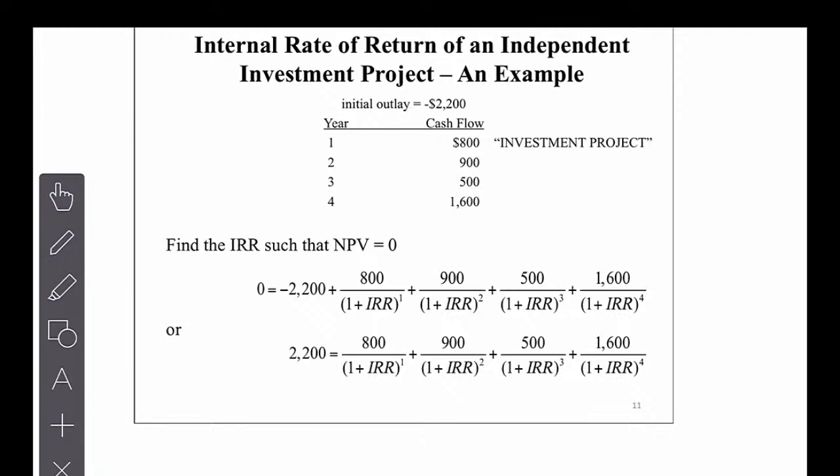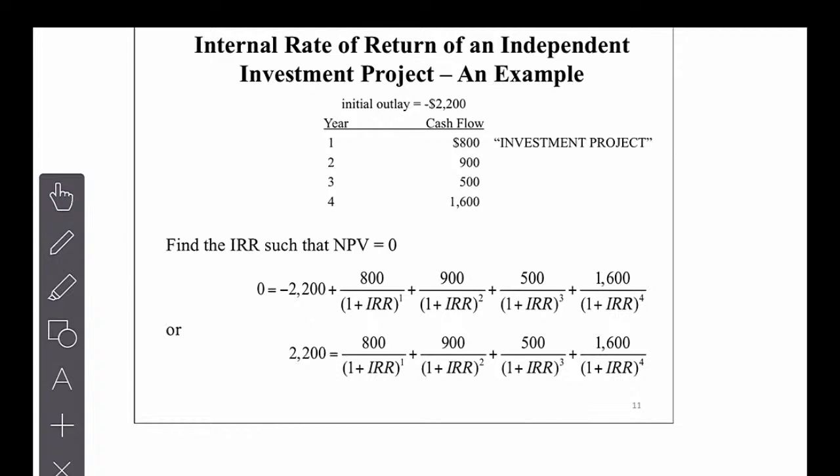The internal rate of return is the implicit interest rate, the implicit discount rate, or the implicit rate of return that gives you a break-even project. So we're going to solve this for the discount rate in here.